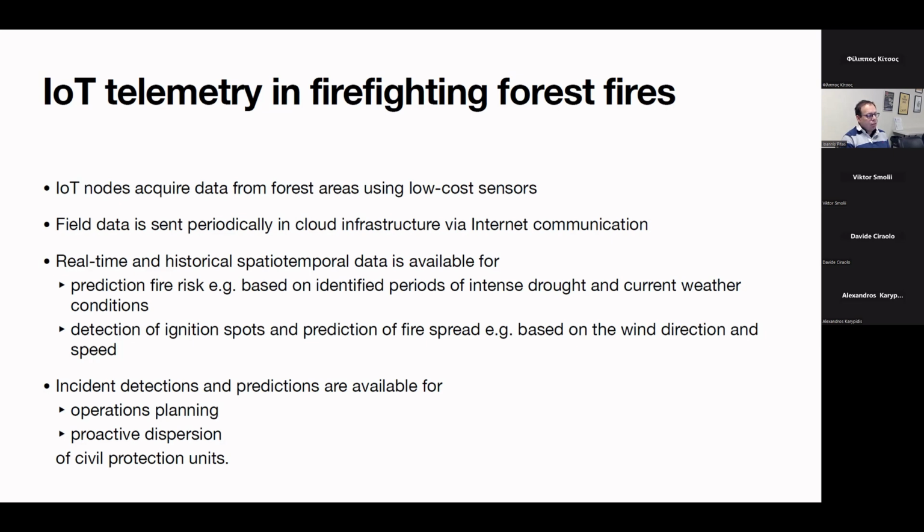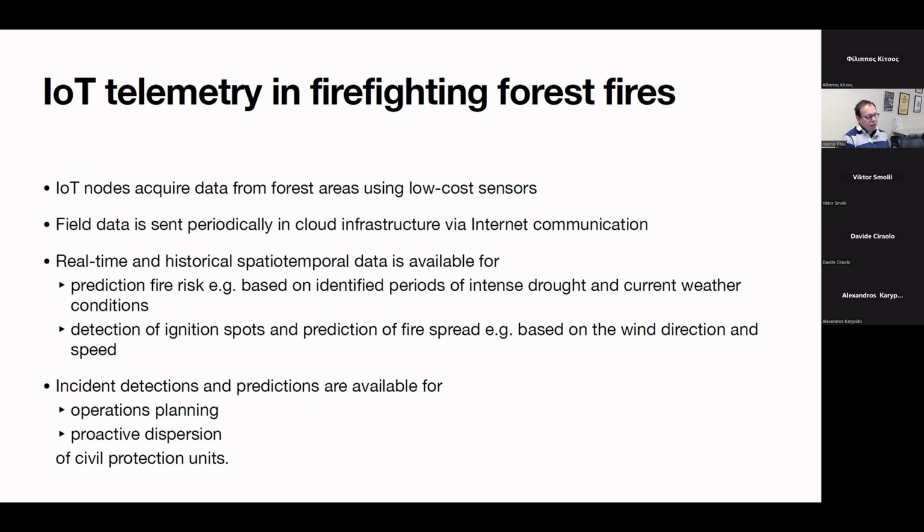First, we are able to predict fire risk, for example, based on identified periods of intense drought and current weather conditions. It is very important to take into account both of these. Second, we can detect ignition spot and predict the fire spread based on data like, for example, the wind direction and speed, if we have such data.